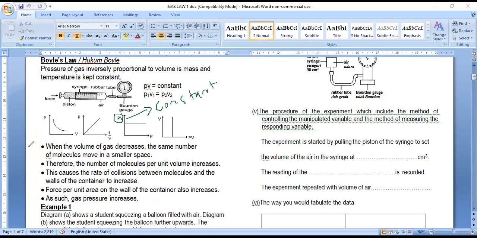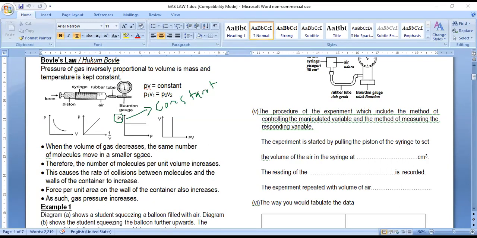Other than that, you must be able to explain why when your volume changes, pressure also changes. So we look at what happens when volume decreases. When the volume of gas decreases, the same number of molecules will exist inside a smaller space now.